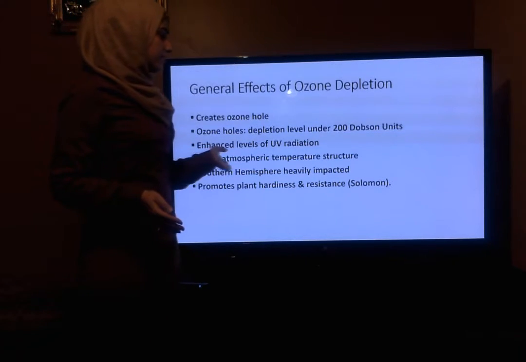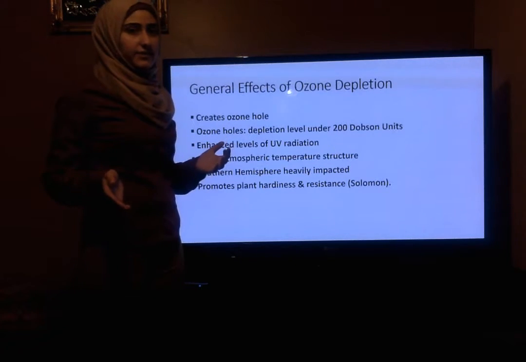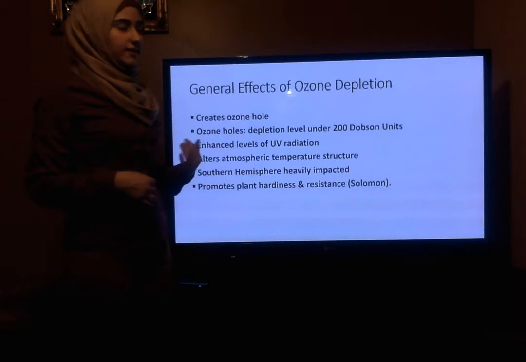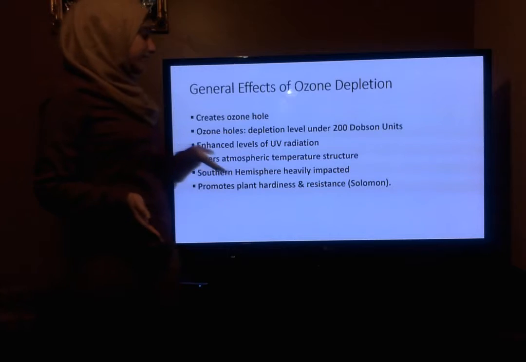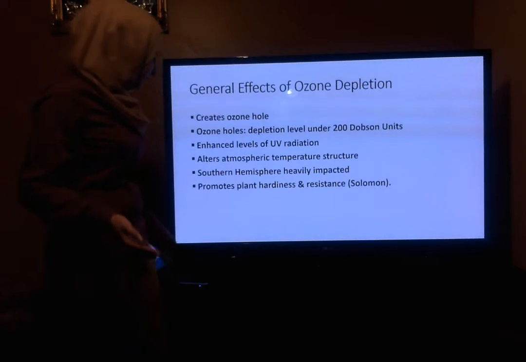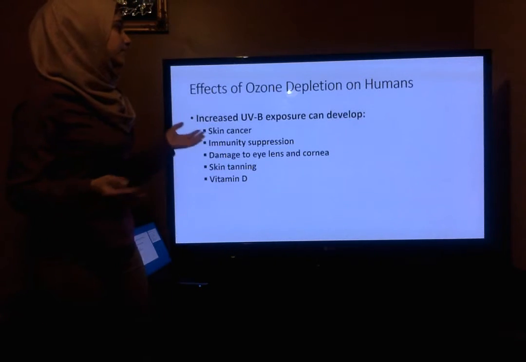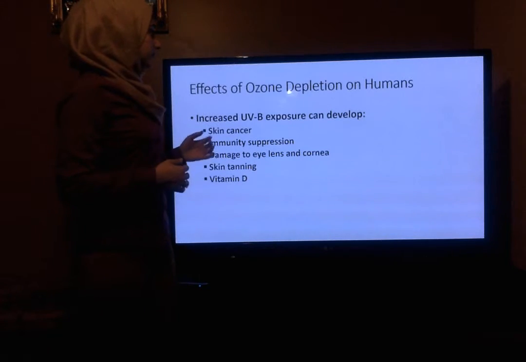And according to Solomon, the southern hemisphere is heavily impacted by this, and mostly it's agriculture. This is not technically a negative impact, but this promotes plant hardiness and resistance to certain pesticides, and so plants can resist heat longer. And so I came up with some effects that are more specific to humans.